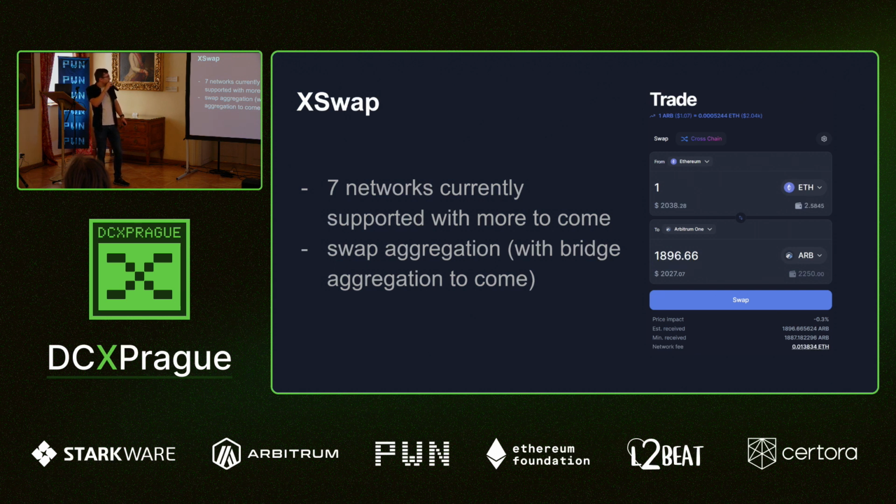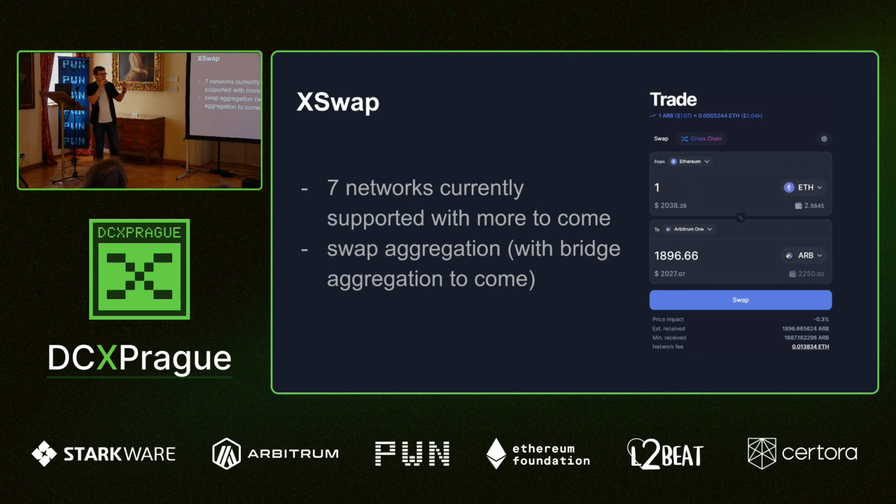And what's cool again about XSwap is that this aggregation happens both on the source chain and on the destination chain. I think it currently supports bridge aggregation as well. Basically, it'll try to pick the best bridge that it can, including the swap as well.